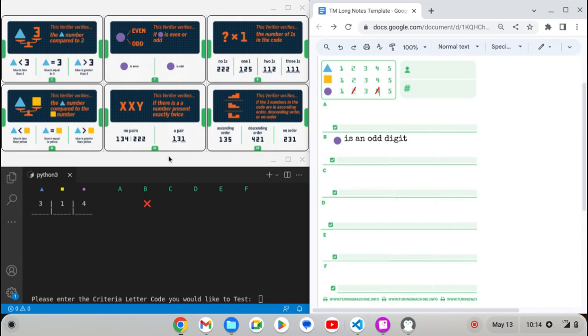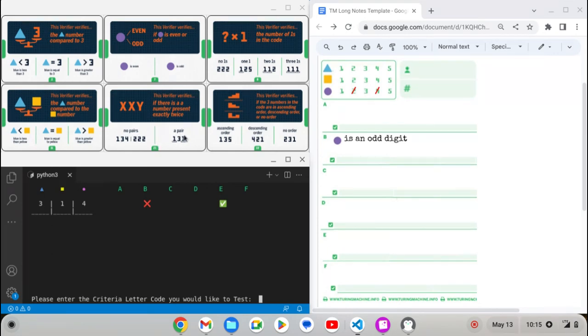Next I think I'll test whether there might be a pair of digits, so let me test criteria E. We got a check mark from the Turing machine. If I go back and look at my proposal, my initial proposal of 314 has all unique values, so the Turing machine approves of that. So that means there are no pairs. I should rephrase that. It's not necessarily that they're unique.